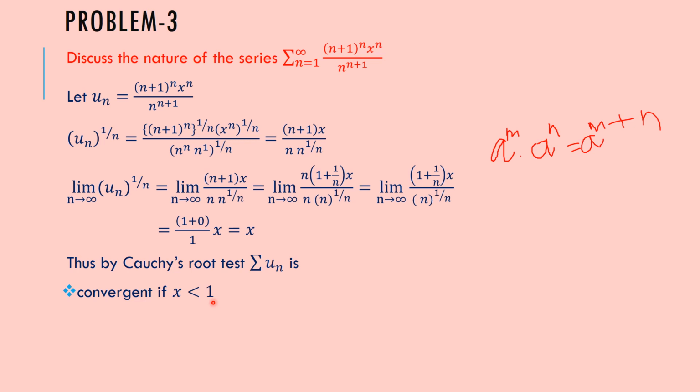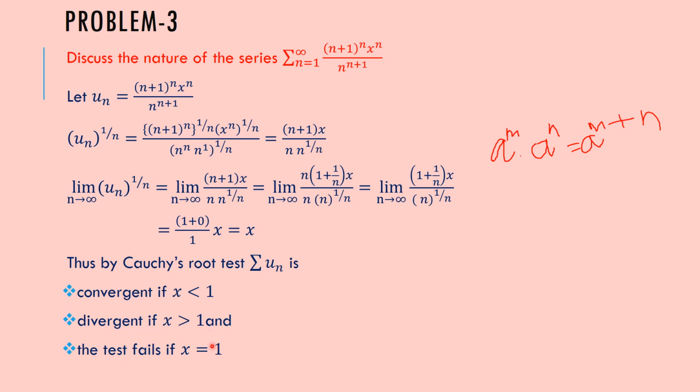Here that limit value is x. So if this is less than 1, then the series is convergent, and if it is greater than 1, then the series is divergent, and if it is equal to 1, then this test fails here.